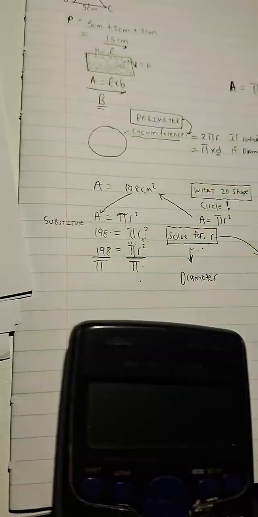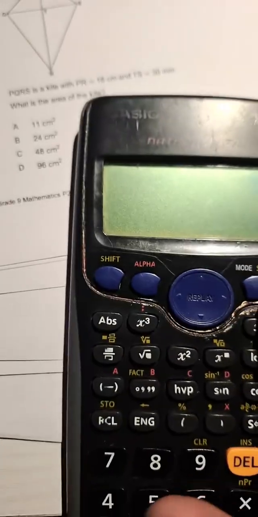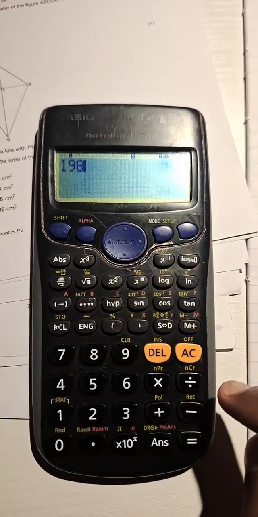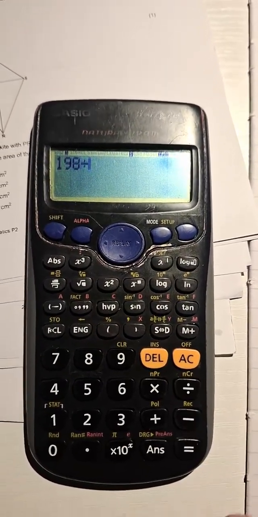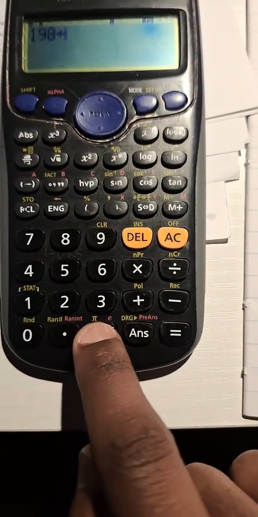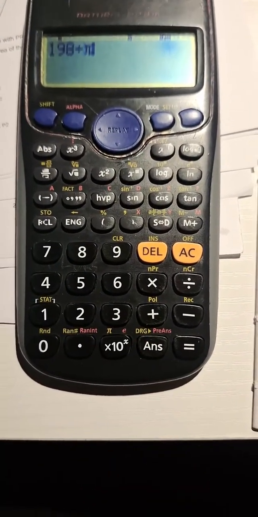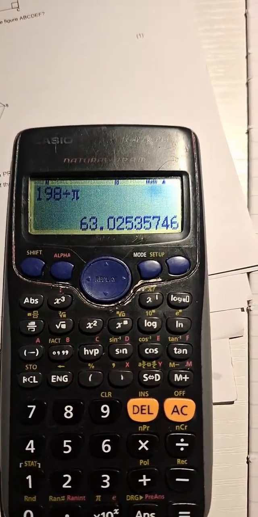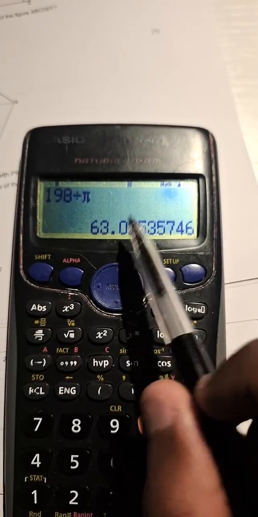So I'm going to go to my calculator and type in 198 divided by, then shift, then I press the symbol of pi there in yellow. There it is, pi. So it's 198 divided by pi, which is equal to that value.